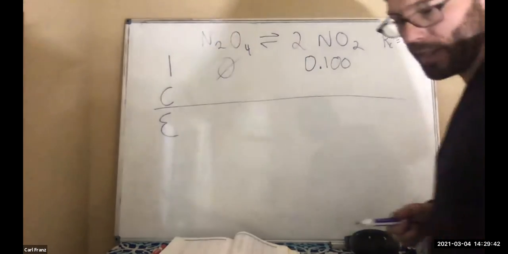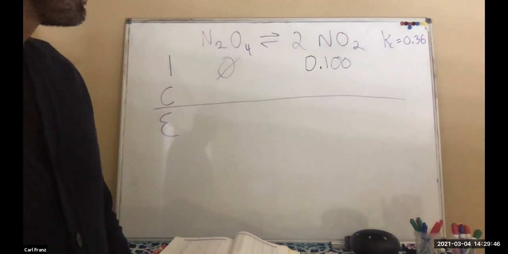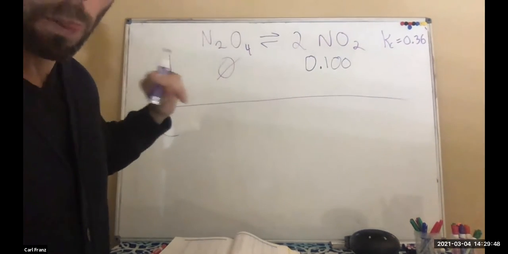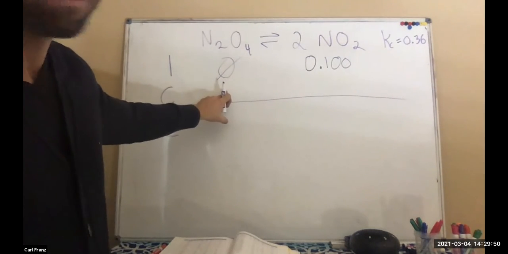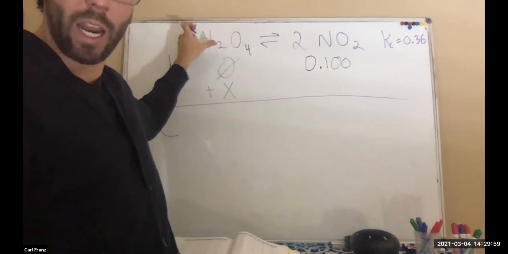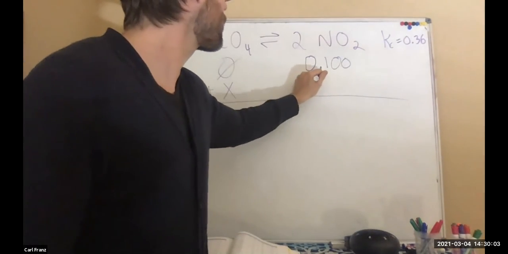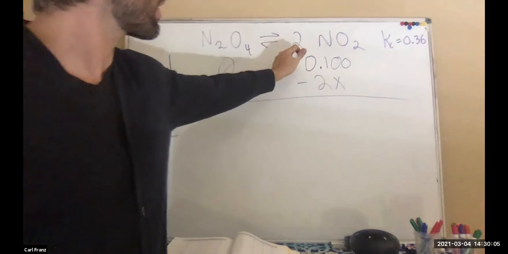So then how do we write that in terms of our change? What is this? Plus, right? Because it's going this direction, so it's gaining the change. It's leaving this direction, so it's a minus 2x. 2 because of the coefficient.